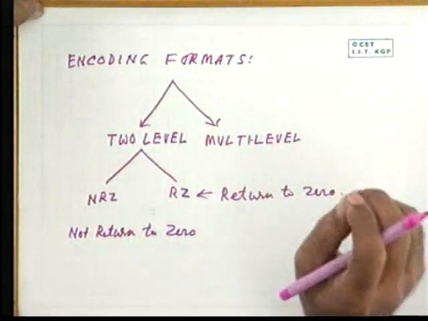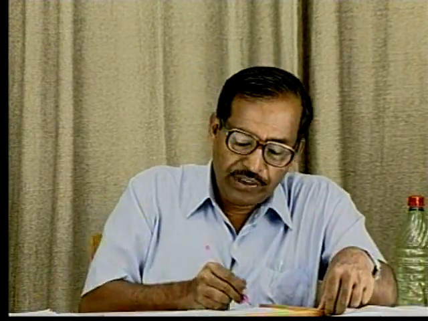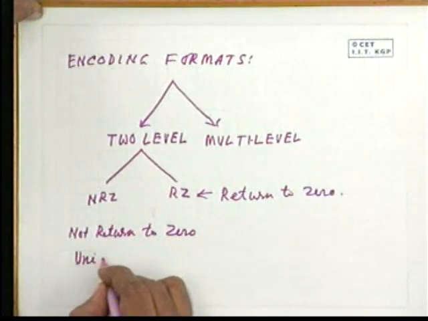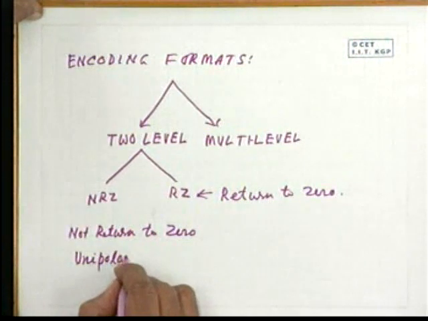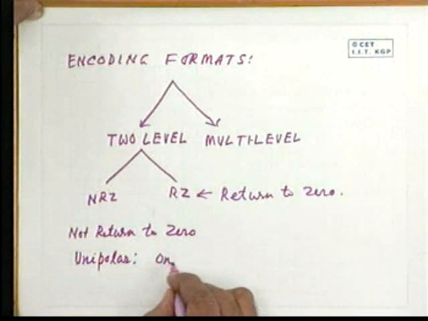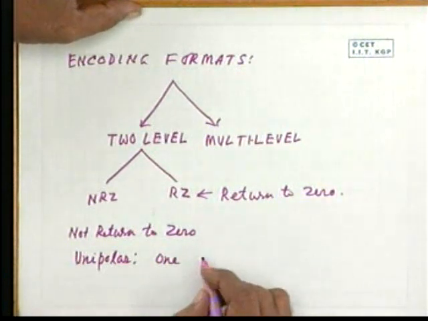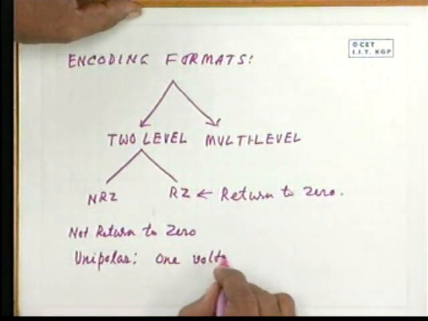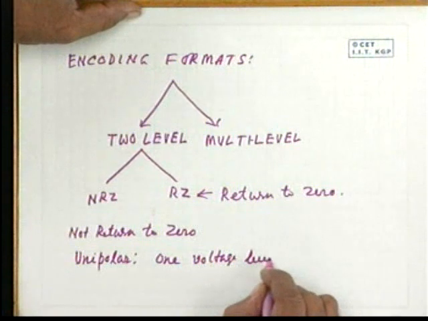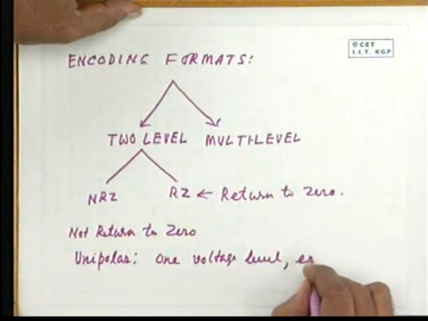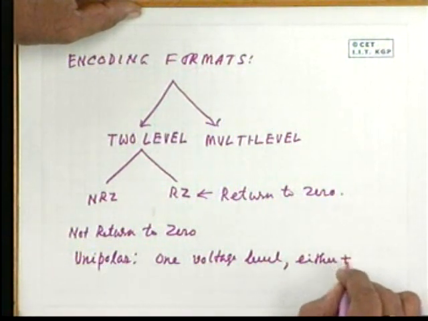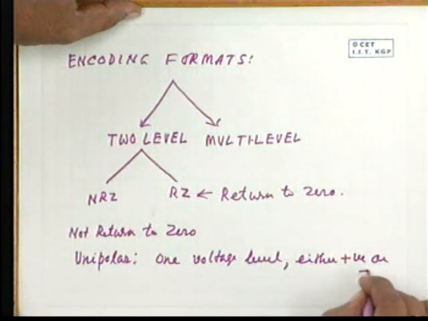So in these, there are some other varieties. For example, it can be unipolar. The signal can be unipolar in the sense it can have only one voltage level. That means either positive or negative.